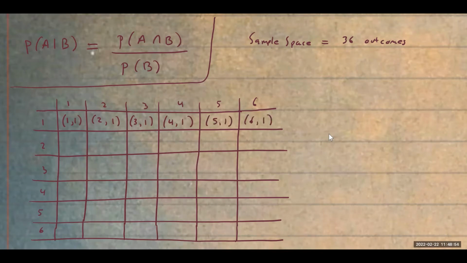And you just continue to fill out every box in this fashion. Let's fill out the second one now: 1 on the first, 2 on the second; 2 and 2; 3 and 2; 4 and 2; 5 and 2; 6 and 2.